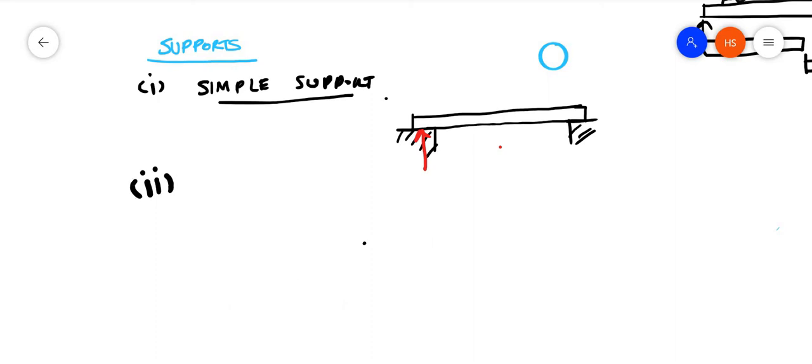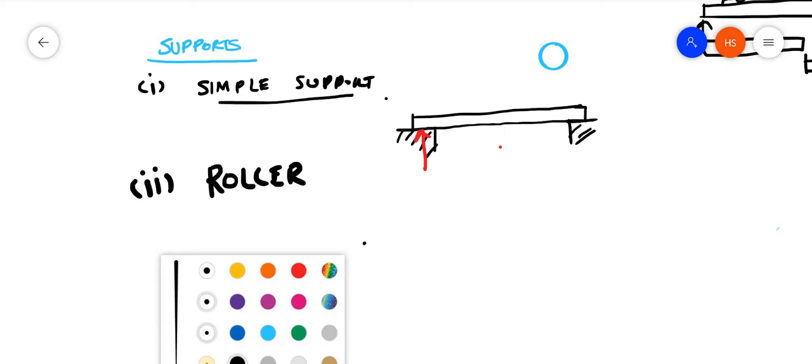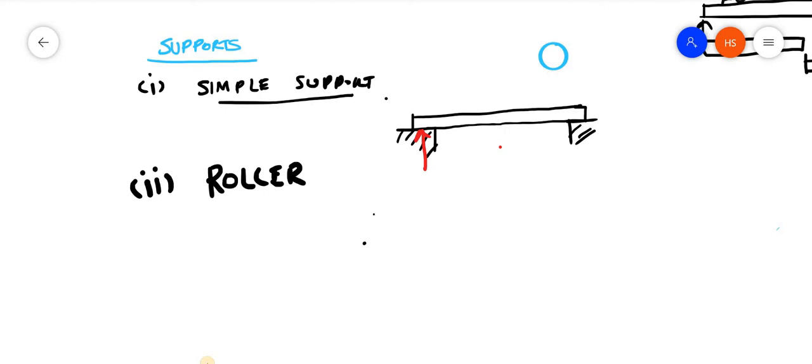Now the second one is a roller support. Roller support means, for example, I have said earlier that there can be a vertical movement, a horizontal movement, or a rotation. So in a roller support I am having a movement only in one direction. For example, in the case of a sliding gate, we are having a movement in only one direction.